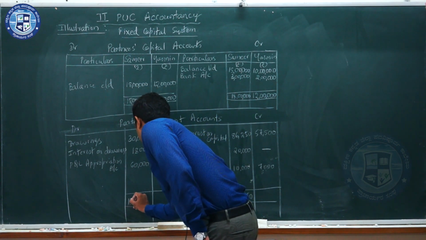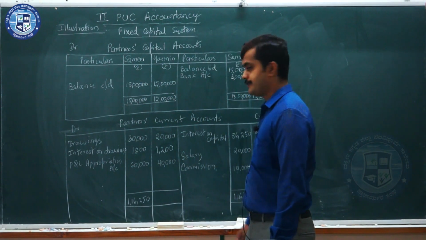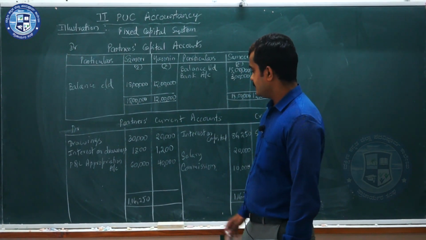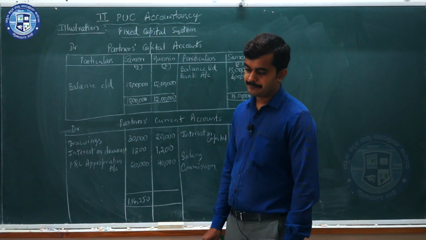Write that total on the debit side 1,16,250. Then deduct the items on the debit side.